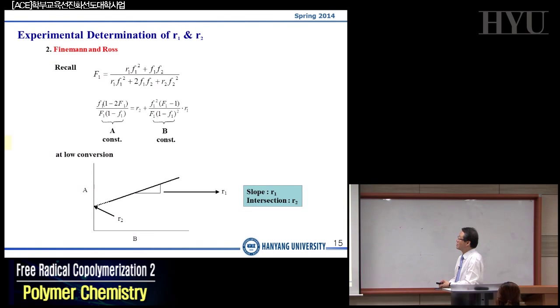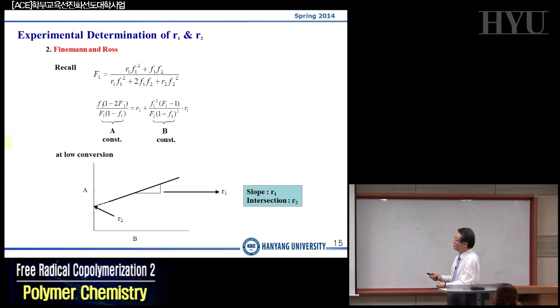The second method is called the Fineman and Ross method, whereas they did almost the same thing. You remember that in the copolymer equation, large F1 is a function of small f1 and f2 and r1 and r2. Okay?